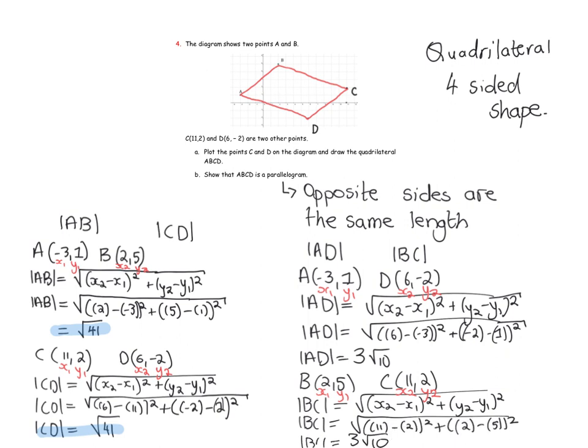Now, if you compare what we got for the length of AD, which was 3 root 10, to BC, which was 3 root 10, you can see that they are the same.